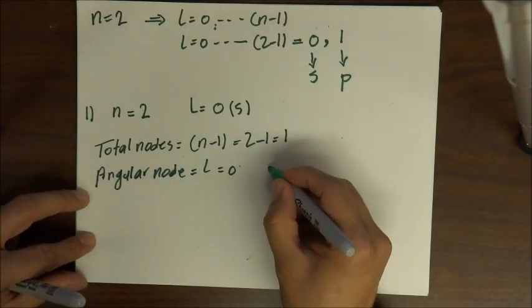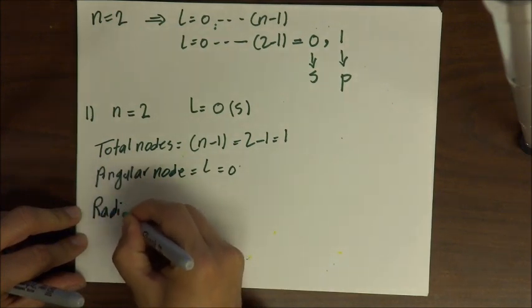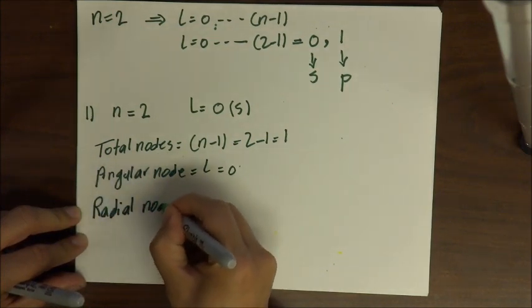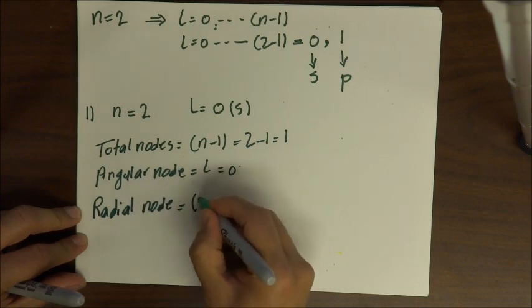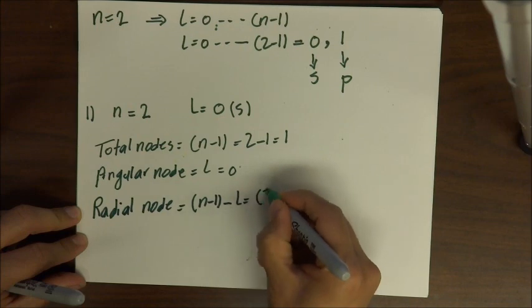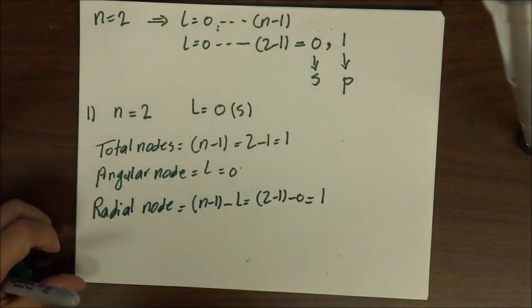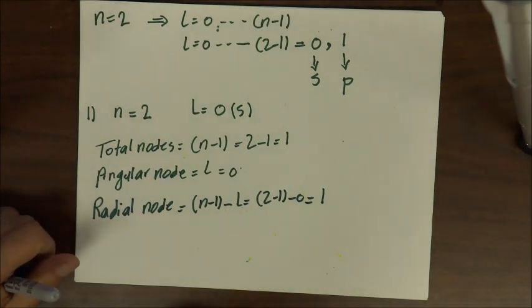Radial node will be total n minus 1 minus L. So it will be 2 minus 1 minus 0. There is one radial node.